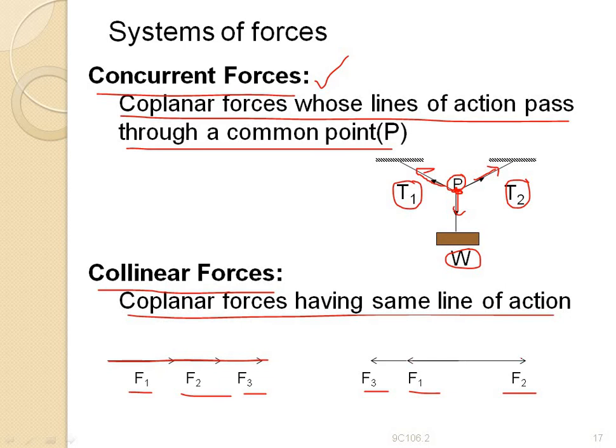F1 and F2 are in the opposite direction, and F3 is in the forward direction. So the forces which are acting in different directions but along the same line of action are the collinear forces.